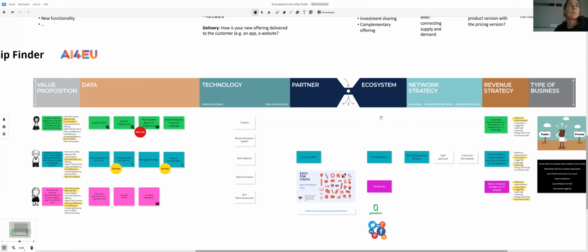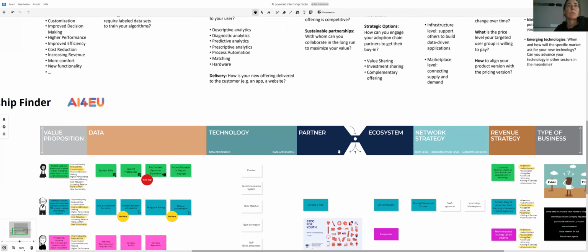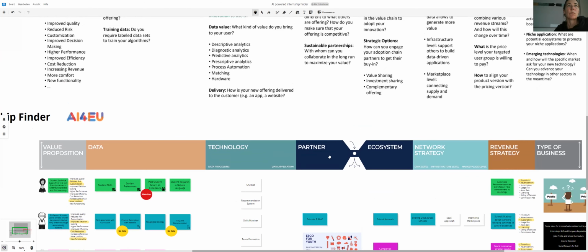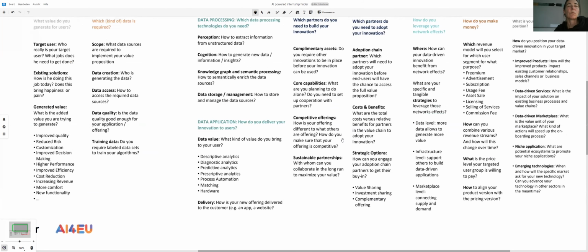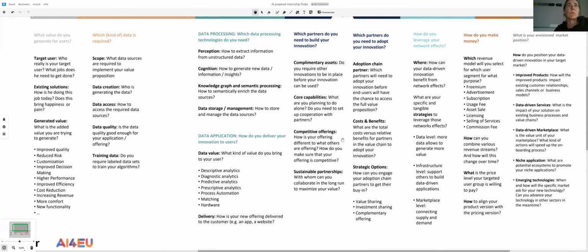So we can continue with the next step, like technology. I would do it systematically: what about the dimension of technology? Are there any ideas, any solutions already in place when it comes to data processing technologies, for example, Jean-Christophe? Is there anything already in place when it comes to data processing?